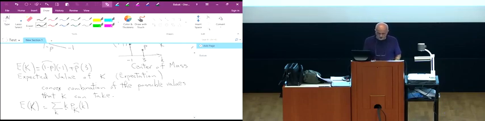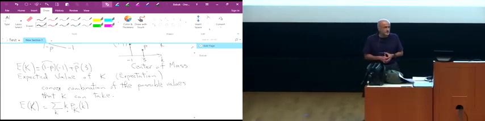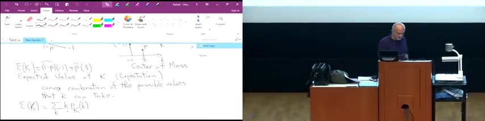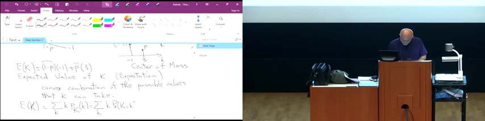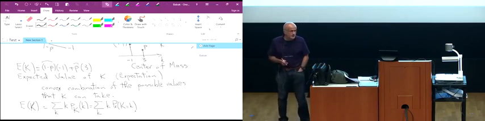So the small k represents the value that the random variable K can take, and it gets scaled by the probability that it takes that value. If I were to write it in the other way that some of you may like, it would be this, probability that big K is equal to small k. That's basically what the expected value is. Okay?